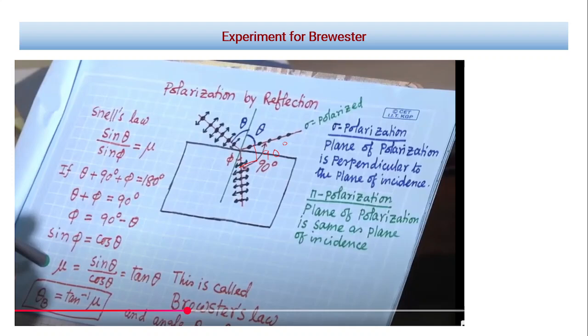But it doesn't happen at all possible angles. It happens only at a particular angle, and at this angle, the reflected ray and refracted ray have 90 degrees between them. In this situation only, the reflected light is polarized and it is sigma polarized. Okay, and this law is called Brewster's law. So these were the various phenomena that we have discussed.